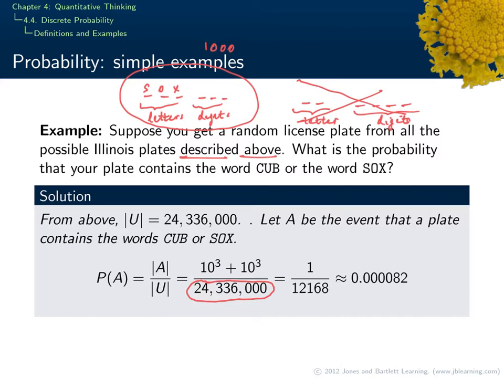So the size of the set A, that is the set of plates that have the words cub or socks, is 1,000 plus 1,000. So that fraction reduces to about 1 over 12,000, which is a very small number. So it's very, very unlikely that your randomly generated plate will have the word cub or the word socks.